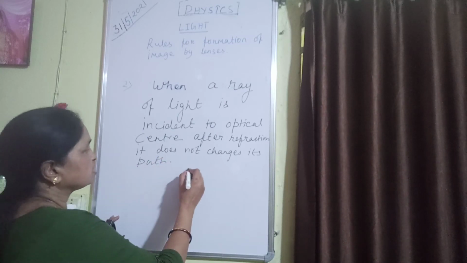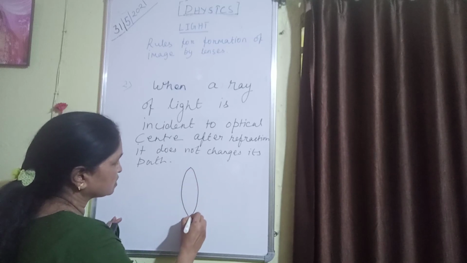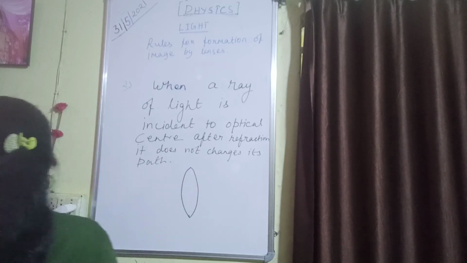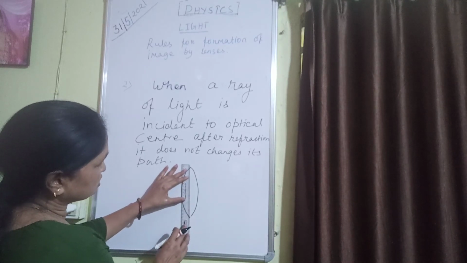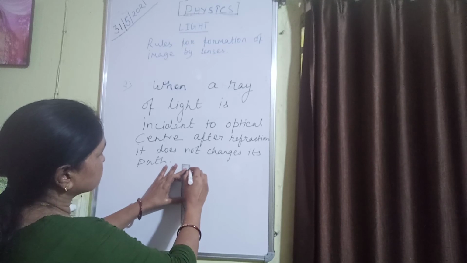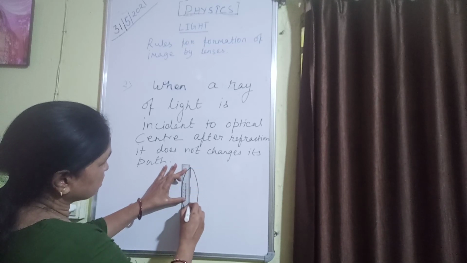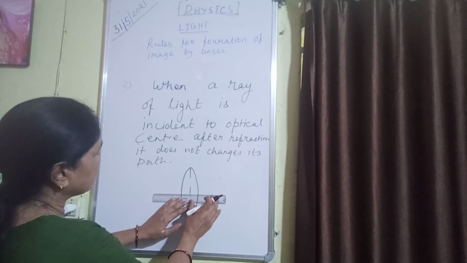So see this, I have drawn the lens. Again, you join the aperture. Without joining the aperture, don't proceed, because it's not certain that your ray diagram will be correct. So I have joined the aperture and drawn the principal axis.